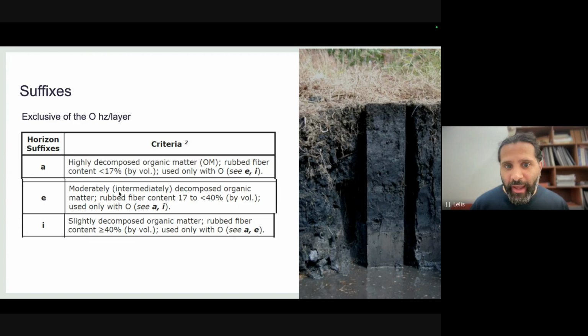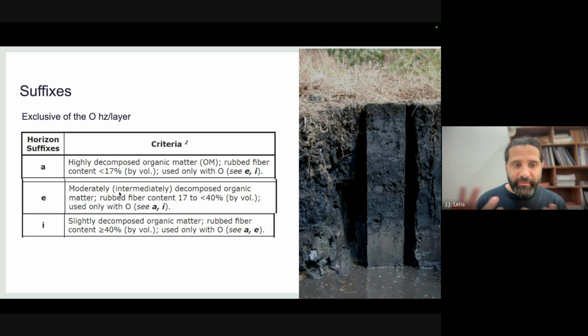How can we do that very easily, JJ? When you take a piece of soil, a piece of these organic layers, you can mix it with water and do this kind of movement, with some friction. This friction will release all the highly decomposed organic material, and you will keep only the fibers and everything that's low decomposed.